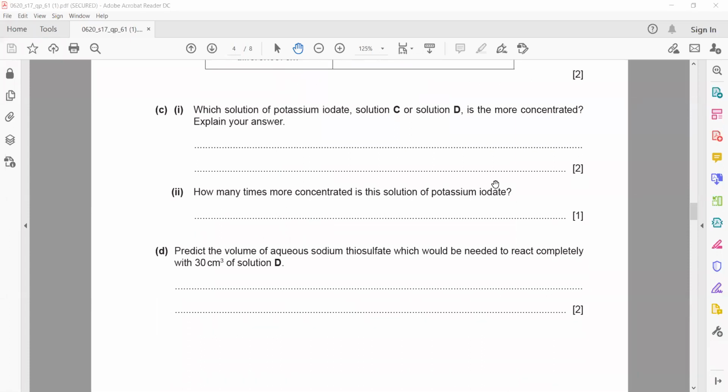So the concentration of C is twice or double compared to D. So C is more concentrated and it required double the amount of thiosulfate.